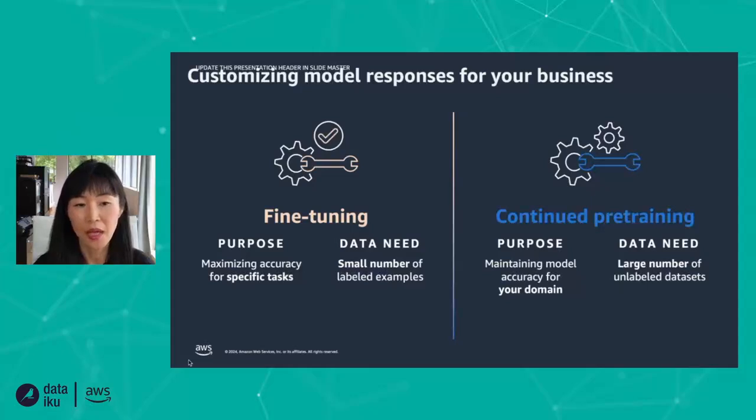For example, a healthcare company can continue to pre-train their model using medical journals, articles, and research papers to make it more knowledgeable on industry terminology. And Amazon Bedrock removes the heavy lifting from the model customization process.